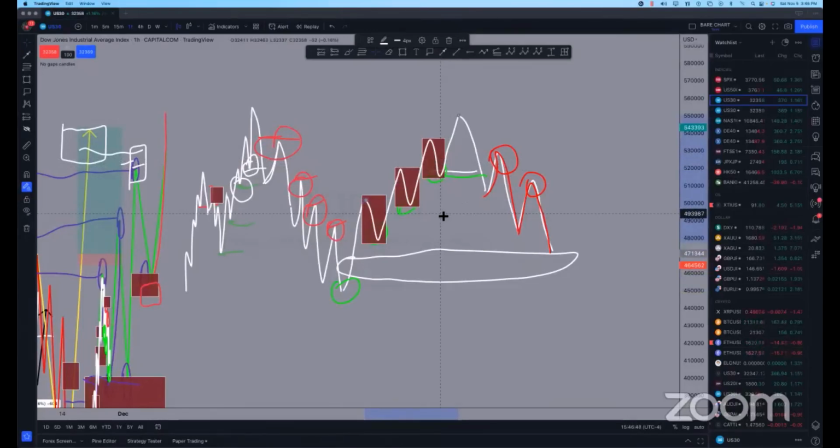Sometimes I see the market do 3 of them and 4 of them, and then it's done. It reverses.